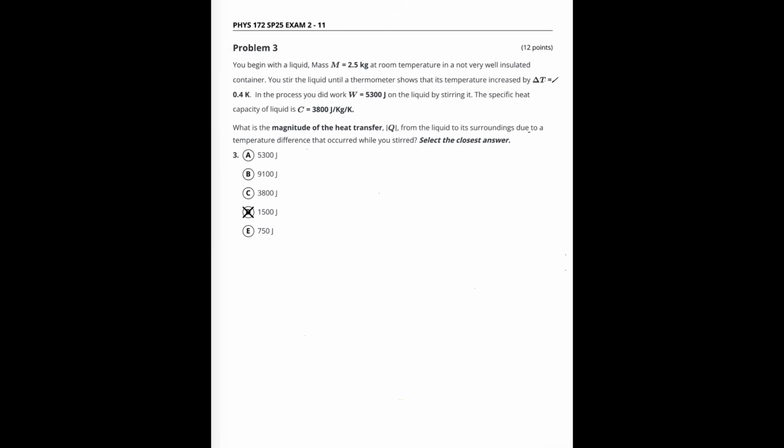So for this problem, you consider conservation of energy. So we have that our work is equal to 5,300 joules given to us, and that is the amount of energy put into the liquid by our stirring.